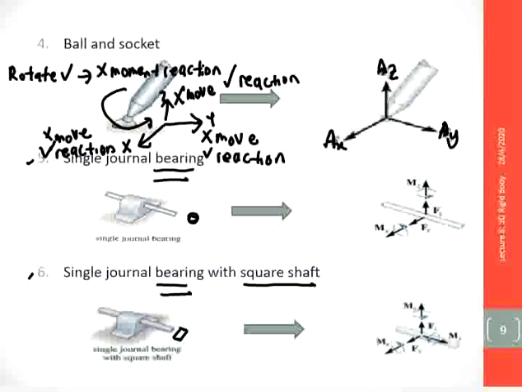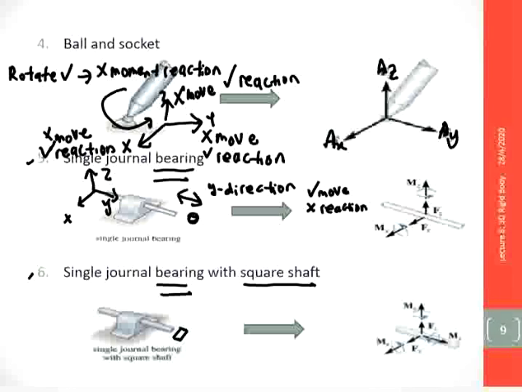So for the single journal bearing, this long circular shaft, with x, y, and z axes, can rotate and move in the y direction. So there is no reaction force in y.